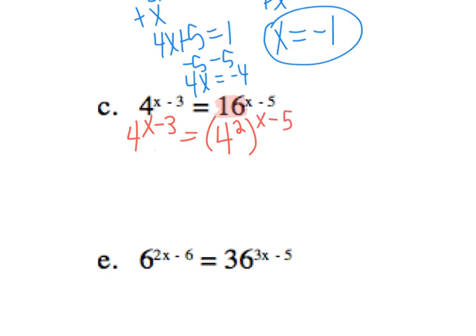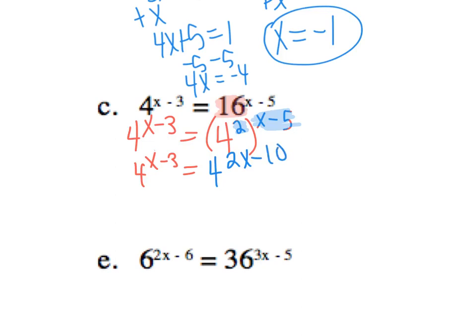This is where we need to remember some of our properties with exponents. On the left, we have 4 to the x minus 3. That's all good. On the right, we have 4 squared to the x minus 5. If you remember our exponent rules, if we have an exponent on the inside and outside, we multiply those exponents. So we'd have 4 to the 2x minus 10.